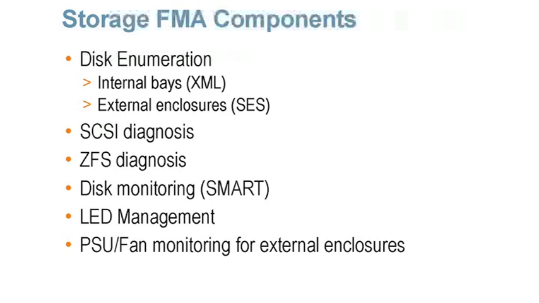PSU and fan monitoring, both for internal systems and external enclosures, is another thing that's part of the enclosure, part of the system, and it affects how things work. So we want to be able to detect failure there. And again, this is easy if you hard code a bunch of things in a .c file, hard if you want to do it generically. So libtopo exports an abstraction of sensors that we can then monitor and look for failure, and not have to know that on this platform, if the ps0.vinok generic device locator record is asserted, that means this power supply has failed.